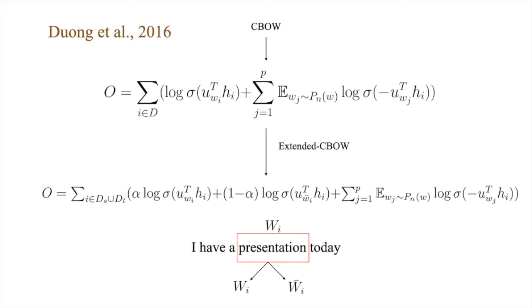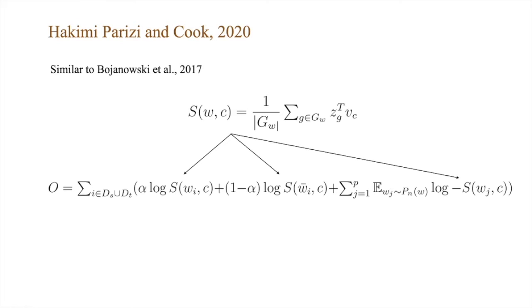So during the training, not only do they learn an embedding for w_i, they also learn the embedding of its translation, w_i bar, based on the same context. Hakimi Parizi and Cook 2020 extend their model following similar steps as the Bojanowski 2017 FastText paper by changing the scoring function and representing word embeddings based on the average of their subword embeddings.